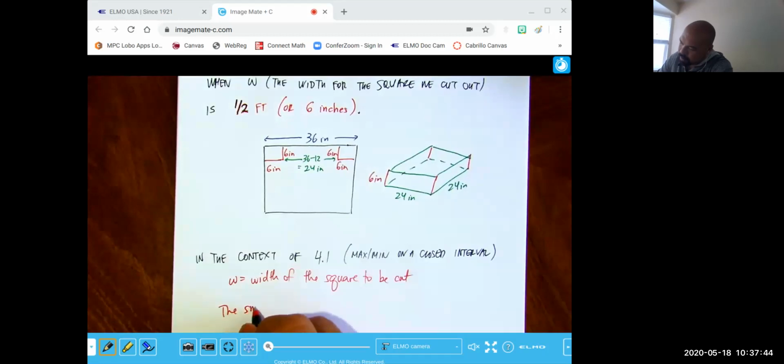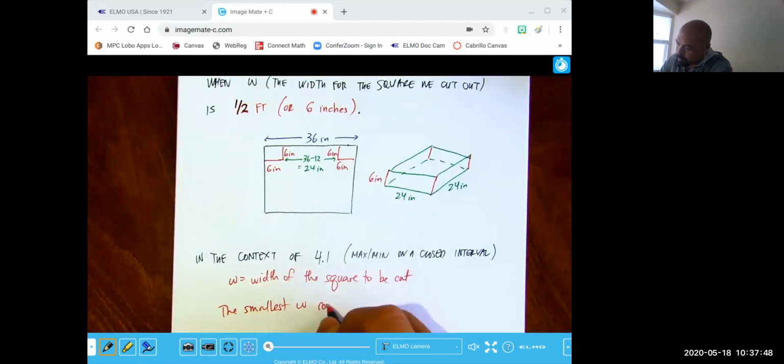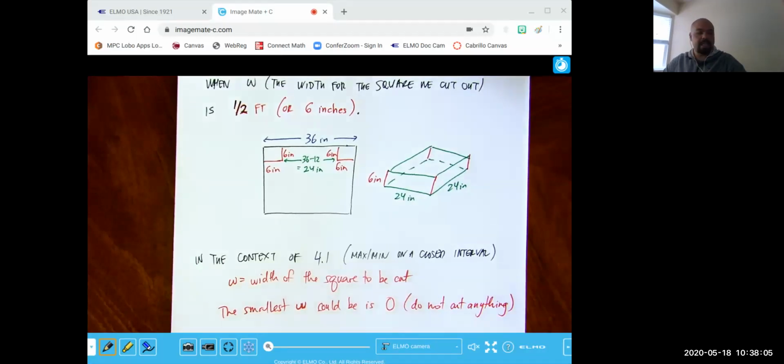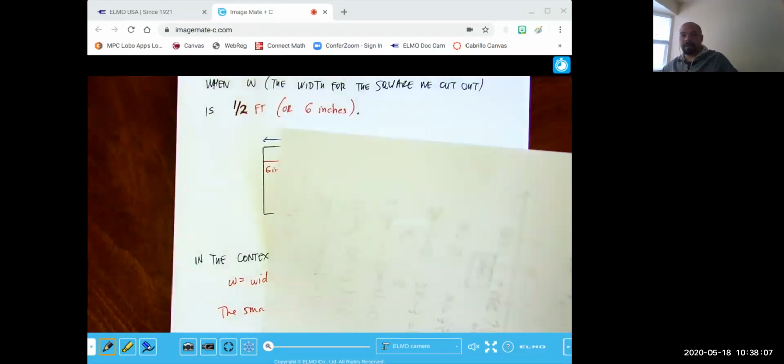So when we start to look at that right up here, well, the smallest W could be is 0, 0 feet, 0 inches. Basically, we do not cut anything. But in that case, if we don't cut anything, then it's just a sheet of paper.